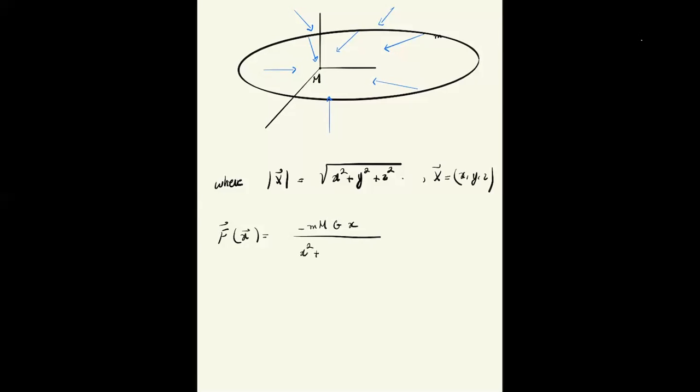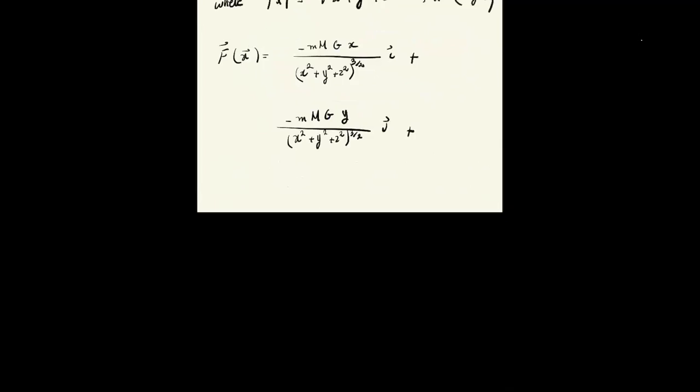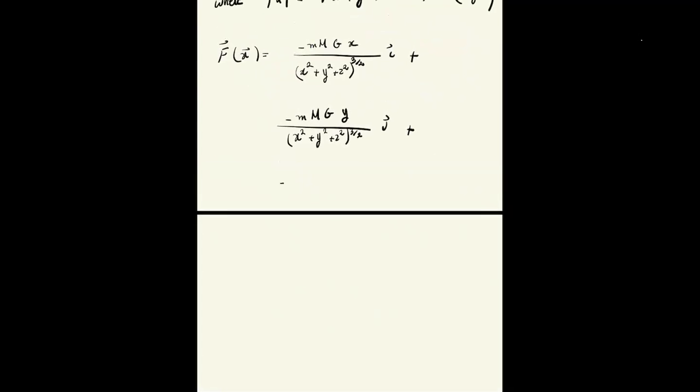Divided by x squared plus y squared plus z squared to the power 3/2, i, plus minus M, capital M, G, y over x squared plus y squared plus z squared to the power 3/2, j, plus minus M, G, z over x squared plus y squared plus z squared to the power 3/2, k.